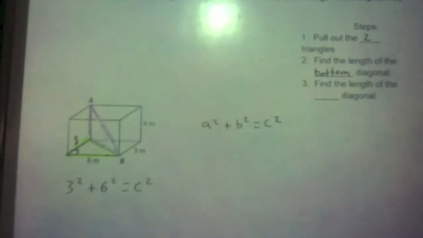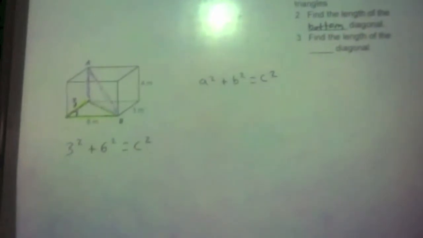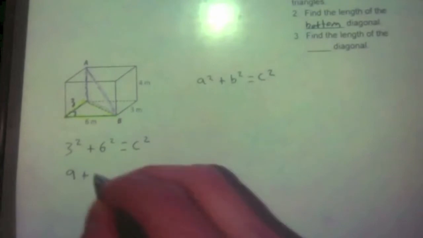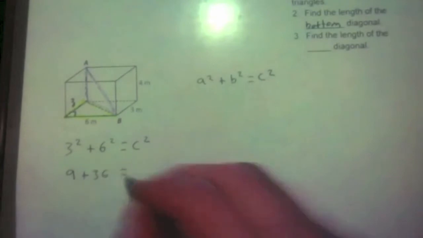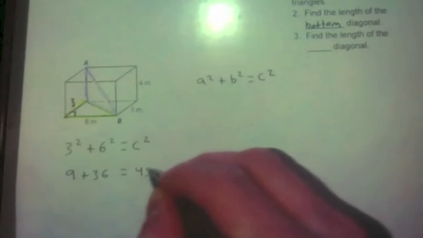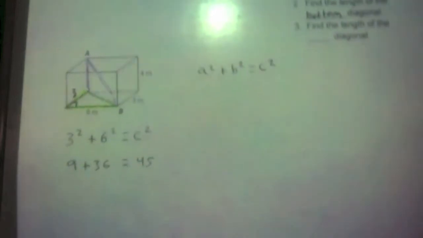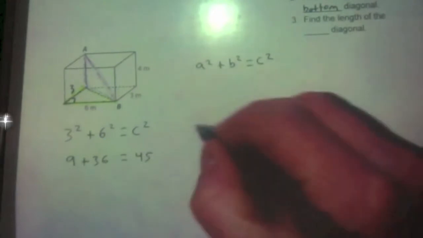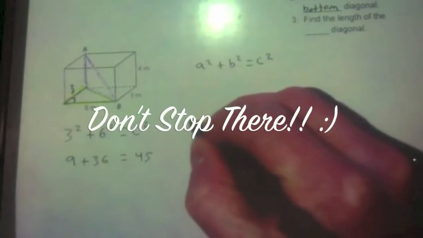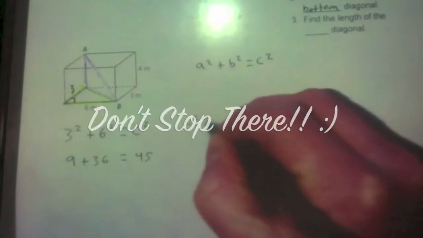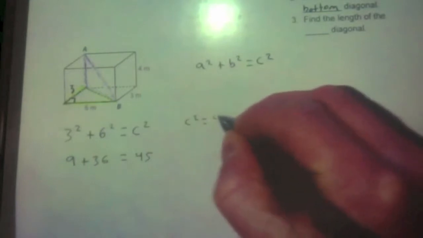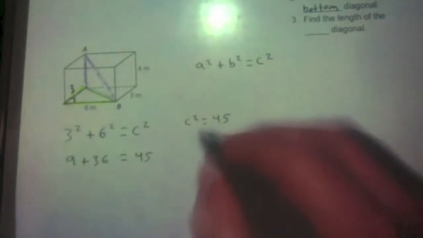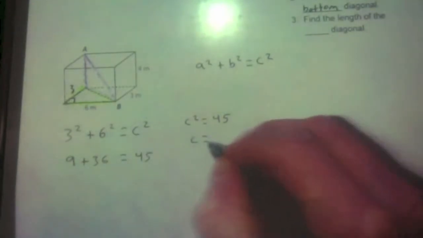So I'm going to do the math on this just like we did yesterday, and we have 9 plus 36 equals 45. Just like yesterday, we're not done yet. 45 is not our answer because 45 is c to the power of 2, and we want c by itself.